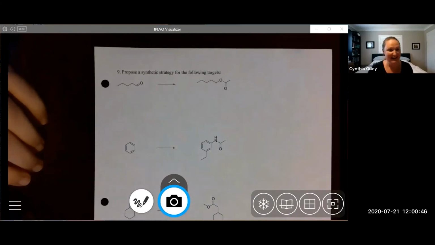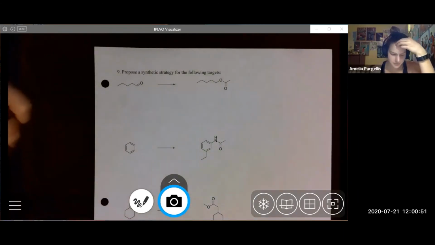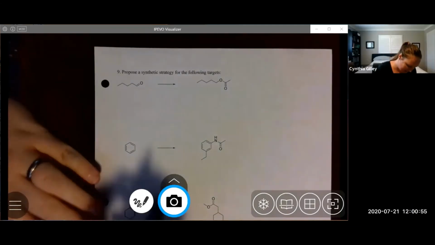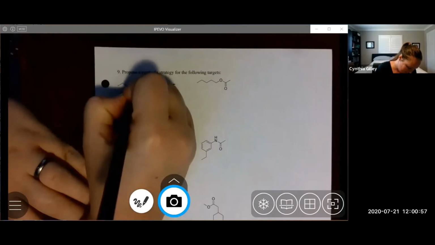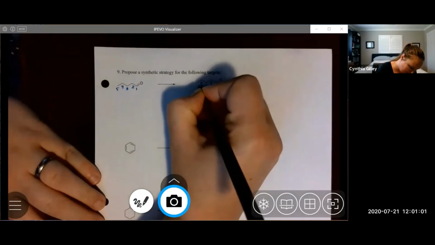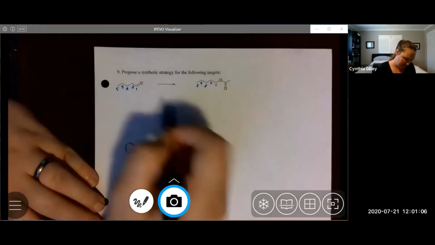All right, so let's do some synthesis. Okay, so we have an aldehyde and we're making an ester. So it looks like in terms of the carbons, I've got 1, 2, 3, 4, 5, 1, 2, 3, 4, 5. So I just need to reduce this to an alcohol.